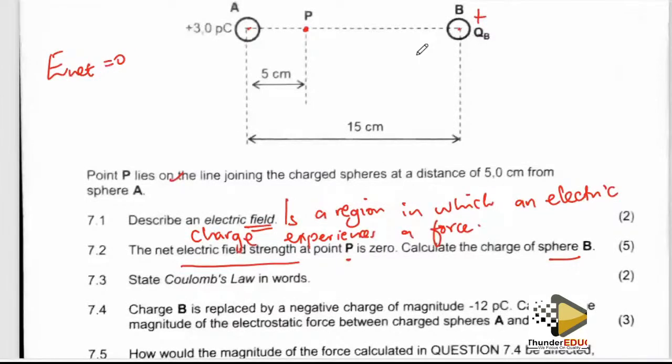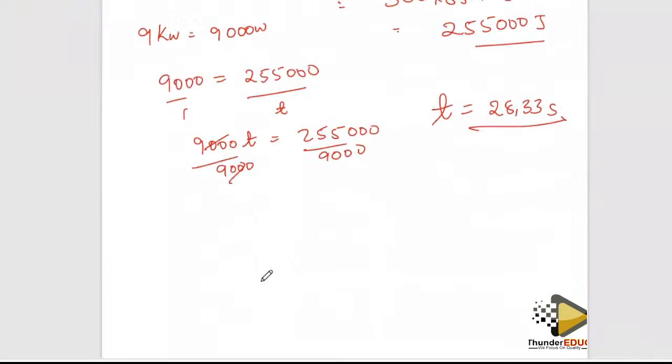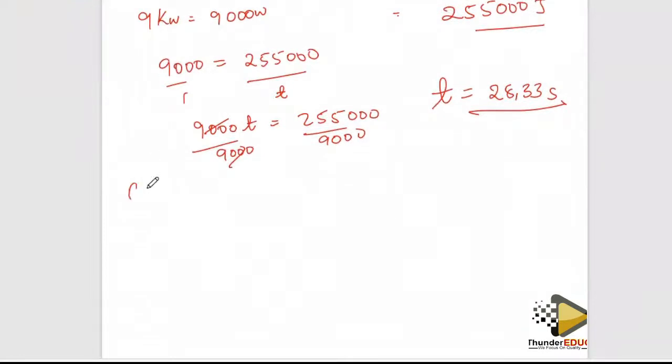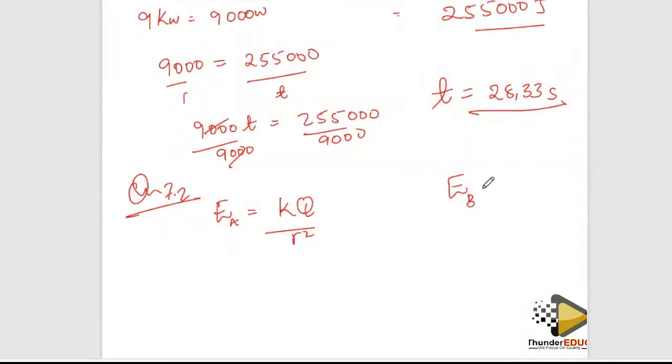Okay, let's see. So 7.2. We know that the electric field of A is going to be kQ over r squared. And then the electric field of B is going to be kQ over r squared.